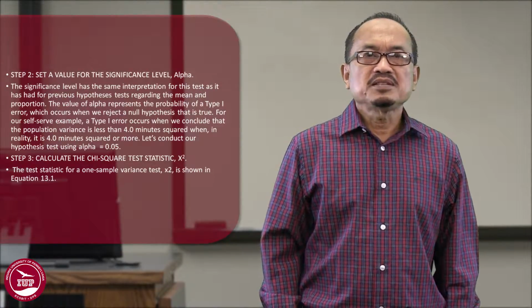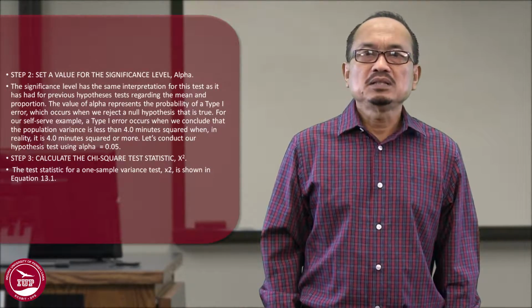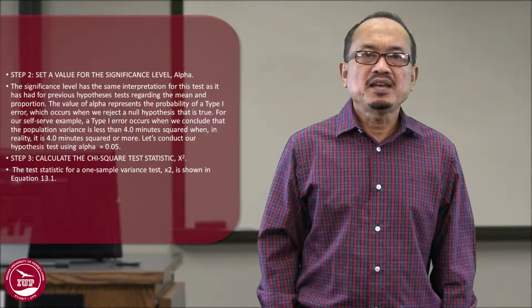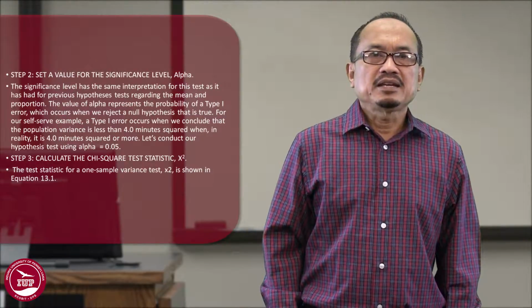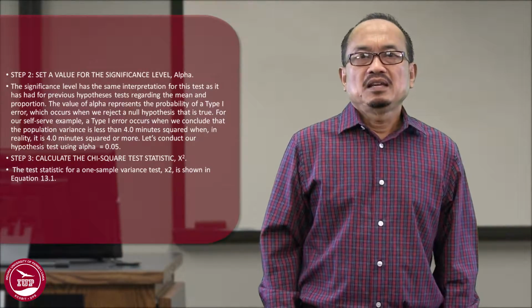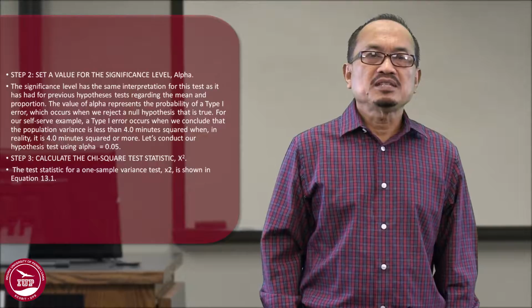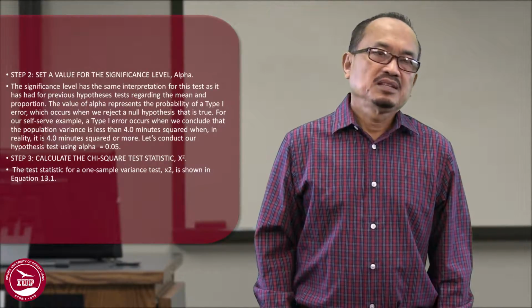For our self-serve example, a type 1 error occurs when we conclude that the population variance is less than 4 minutes squared, when in reality it is 4 minutes squared or more. Let's conduct our hypothesis test using alpha equal to 0.05.